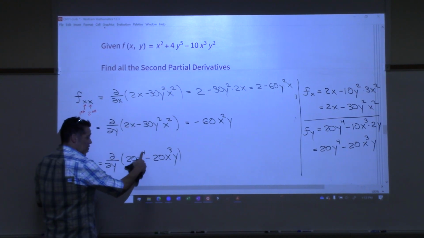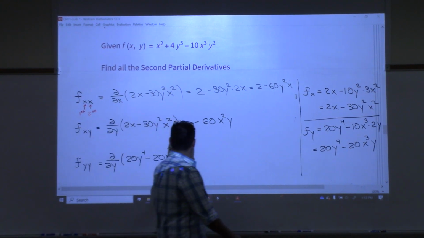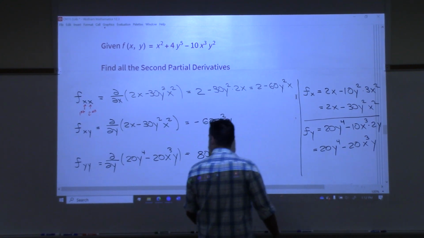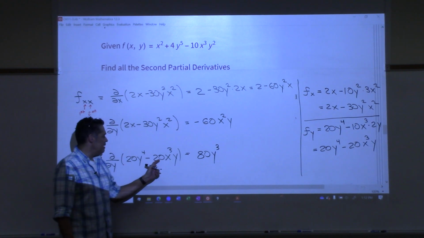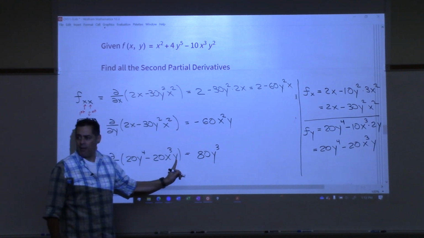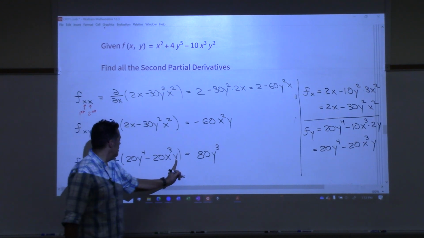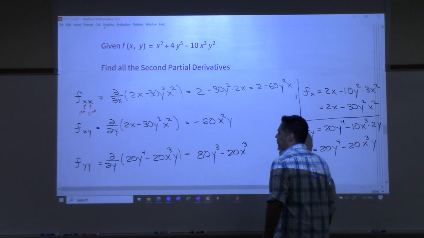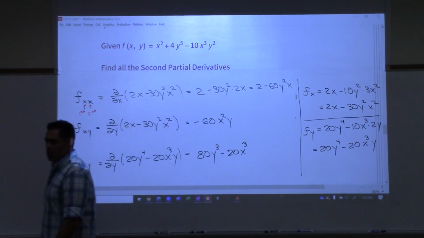So I'm just going to use power rule again there. So that's going to be 80y cubed. And then here, the minus 20x cubed, that's all a constant. And so I only have to take the derivative of y, which is 1. So we should just get minus 20x cubed.